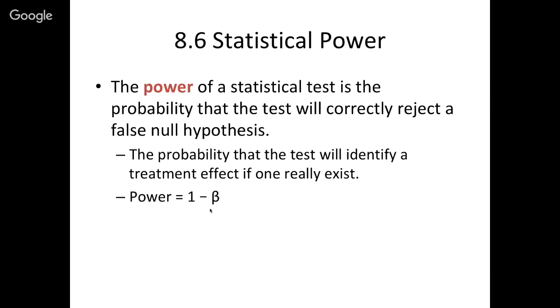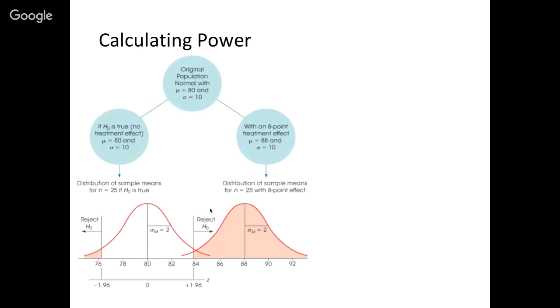But what's the beta? We know the alpha, it's determined by us, but we don't know the beta. The beta depends on a lot of factors, so we need to follow this procedure to compute the alpha and then compute the beta, and then compute the power. Here is an example.